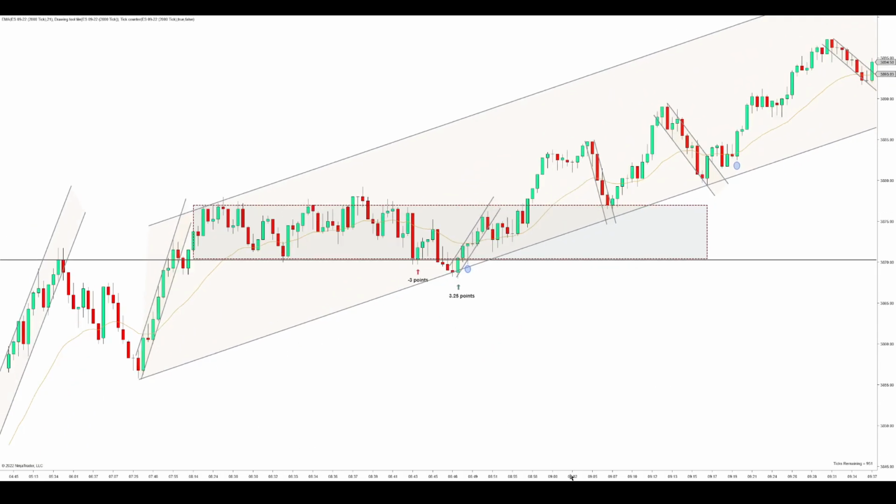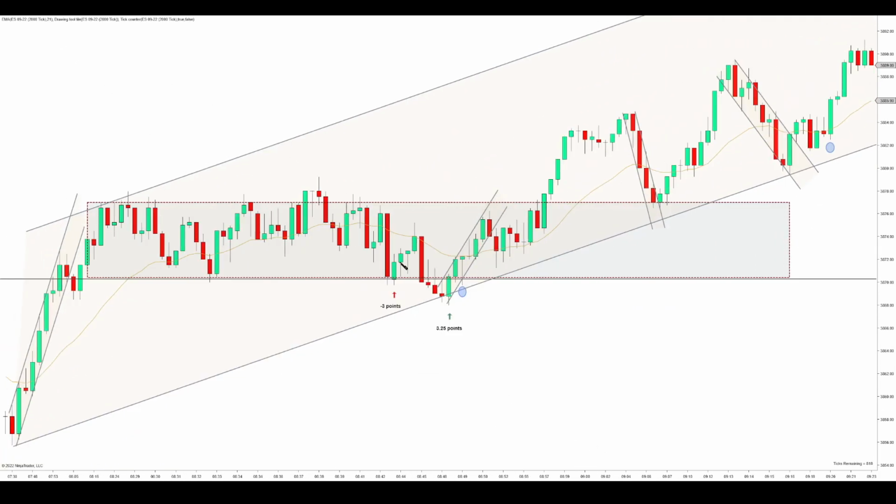Now, on this trade right here, I'll draw that. I entered with a stop. So if I make this target 1-to-2, I would have had to go outside of the range here.